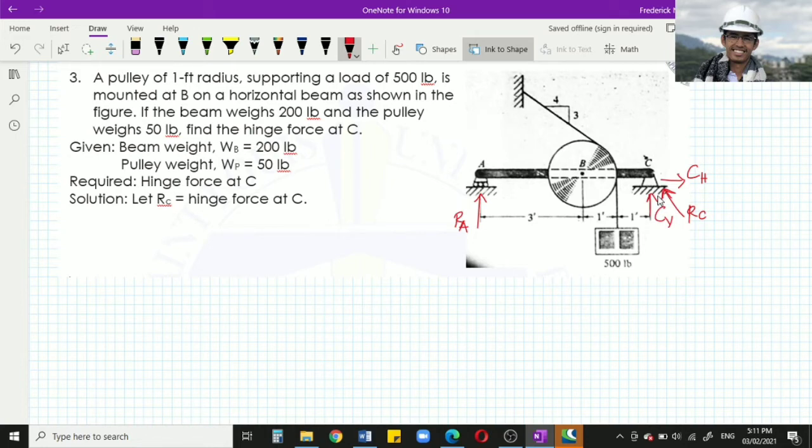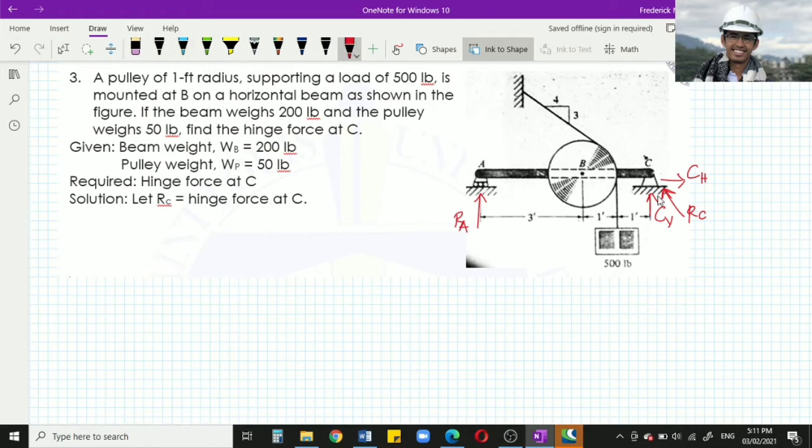Okay? So first na gagawin natin is pwede natin i-isolate muna yung ating pulley para ma-solve natin. Magkakaroon kasi tayo dito ng yung reaction ng ating cylinder at saka nung ating pulley dito sa point B. Okay? If ito yung beam natin, this is A and this is C, so drawing lang natin ng maayos.